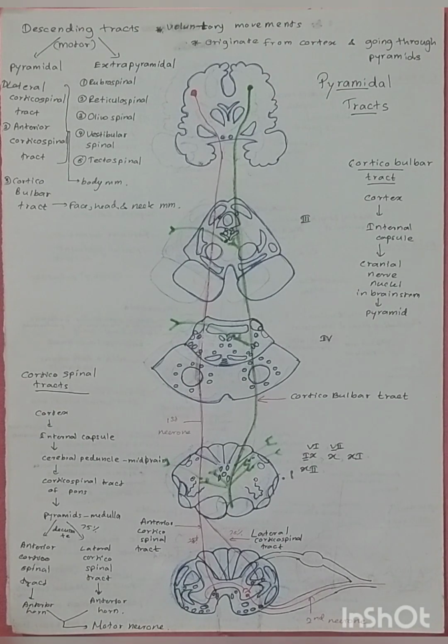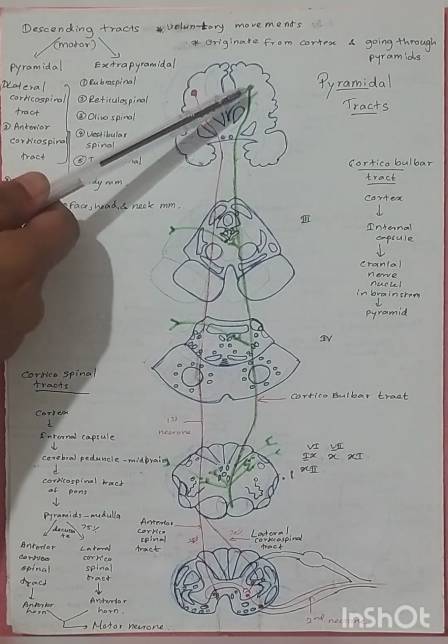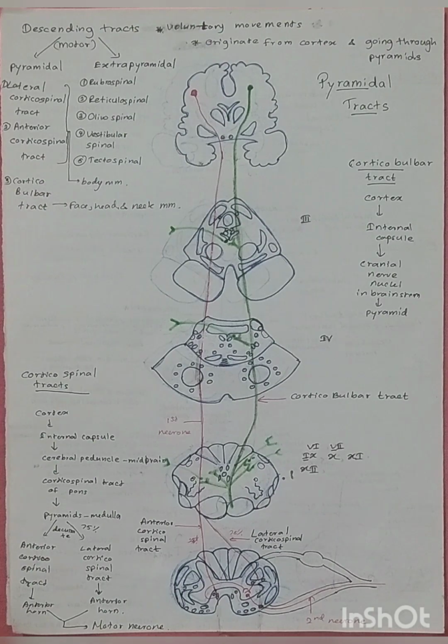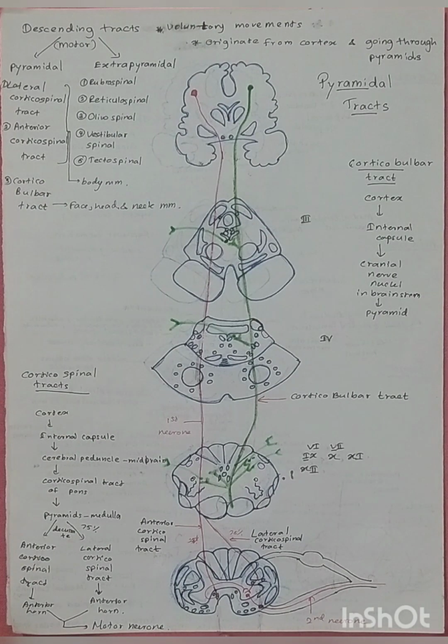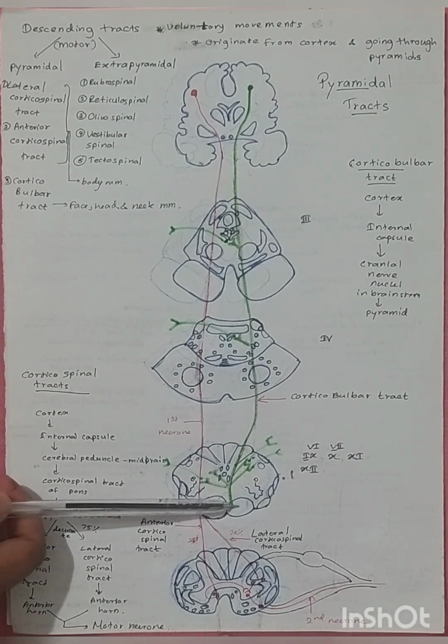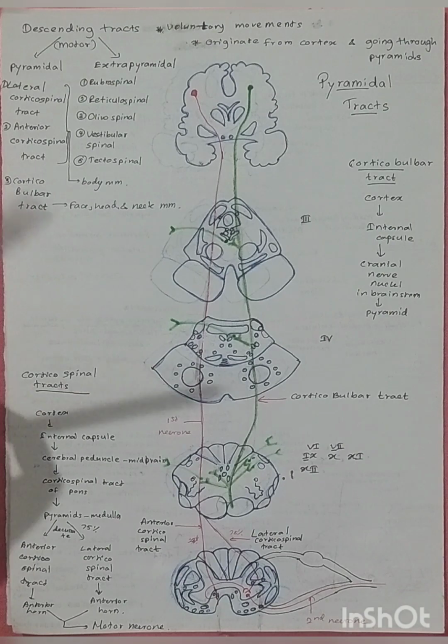And the descending tracts we can divide into pyramidal and extrapyramidal. So what are the differences between the pyramidal and the extrapyramidal? So pyramidal tracts start from the cerebral cortex like this, and the extrapyramidal tracts start from the brainstem, and the pyramidal tracts are passing through the pyramids of the medulla oblongata, and the extrapyramidal tracts are not passing through the pyramids of the medulla oblongata.